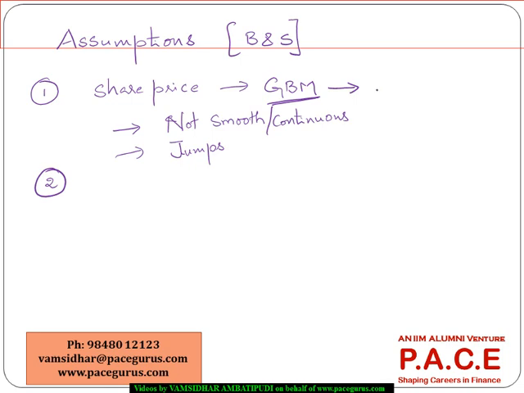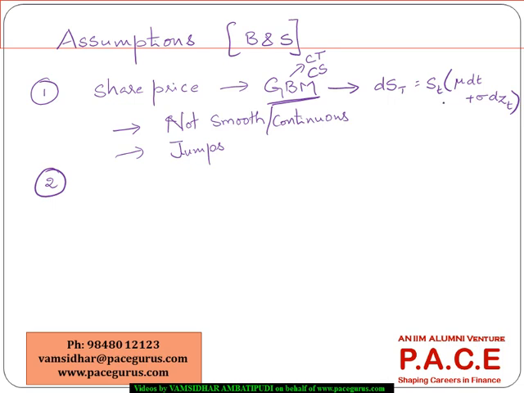The geometric Brownian motion itself operates in continuous time and continuous state spaces, and we have seen earlier that the change in the stock price dST goes with ST times some drift factor times dT plus the standard deviation, the volatility factor, that follows a standard Brownian motion.